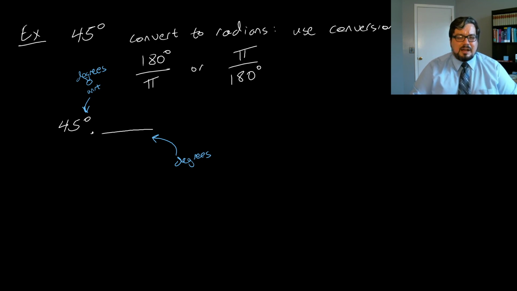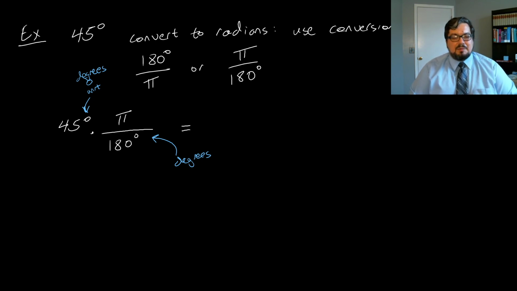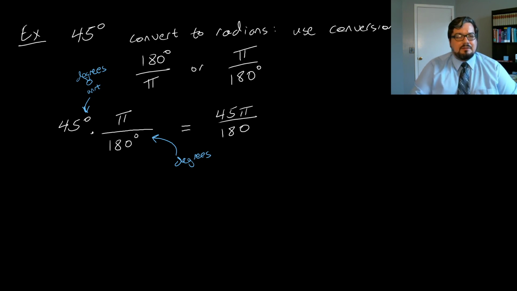So our conversion factor we want to use is pi over 180 degrees. So 45 degrees times pi over 180 degrees, or we think pi radians over 180 degrees, is equal to 45 pi over 180. Here we've canceled out the degree units. And we always want to simplify this, and we get pi over 4.